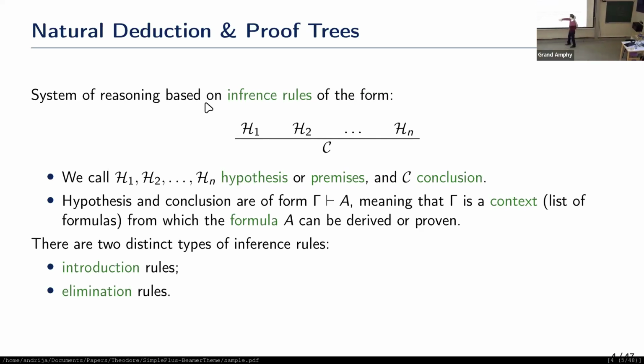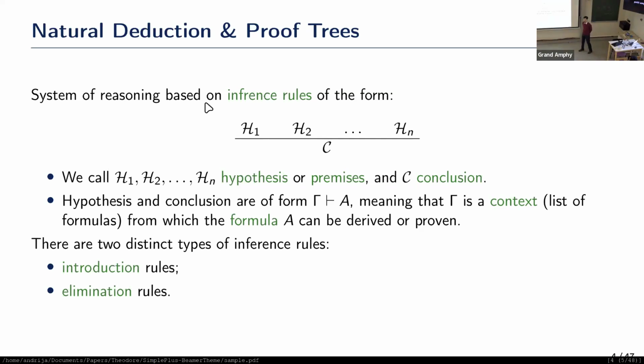Hypotheses and the conclusion are of the form gamma, then the turnstile, and then A, meaning that gamma is the context. In our case it will be a list of first order formulas, from which the formula A can be derived.